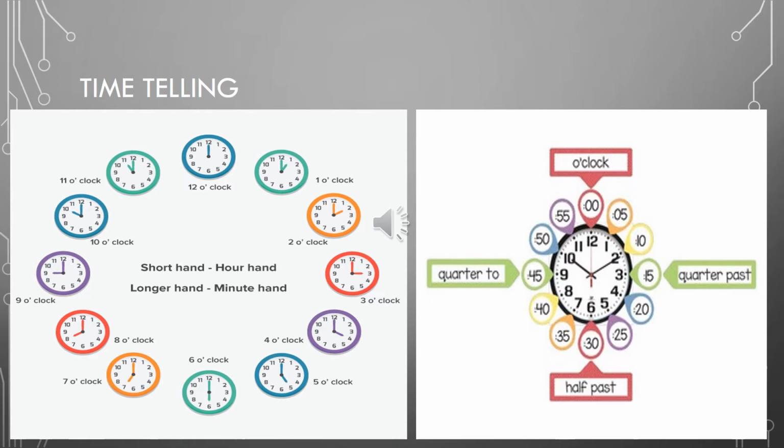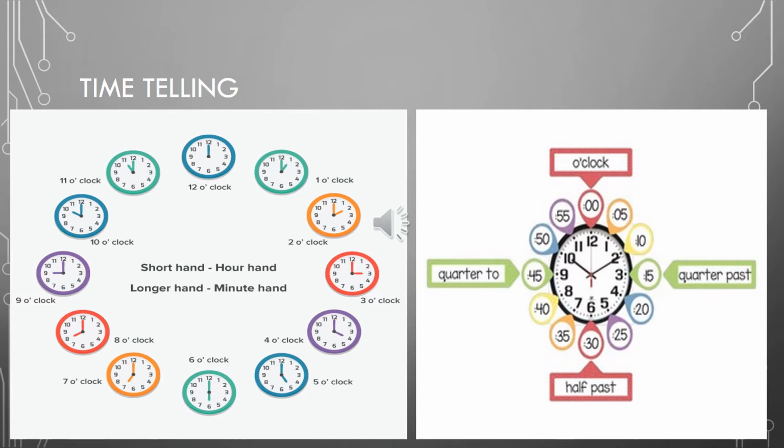Whenever the longer hand or the longer stick is on 12 and the smaller or the short hand is on any number, it will be o'clock. What does it mean?